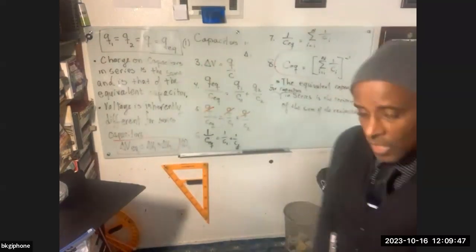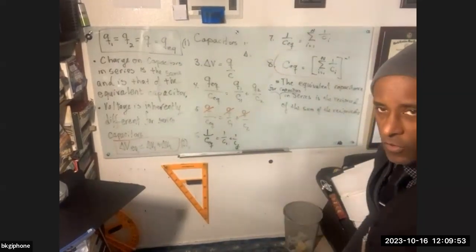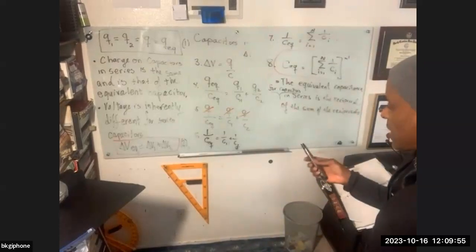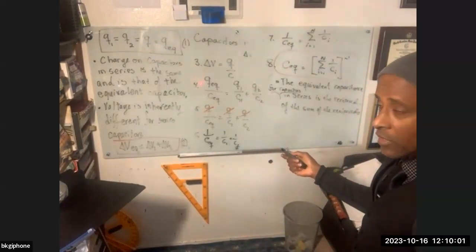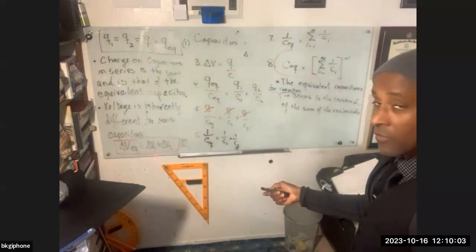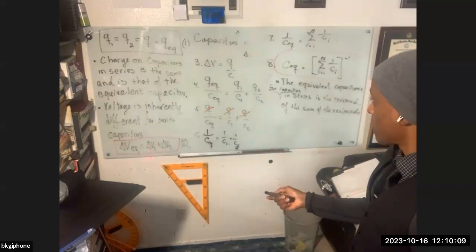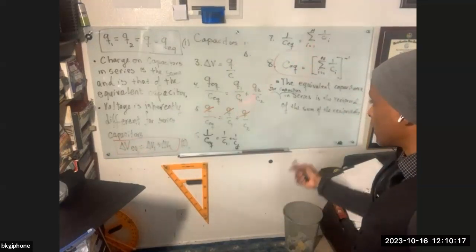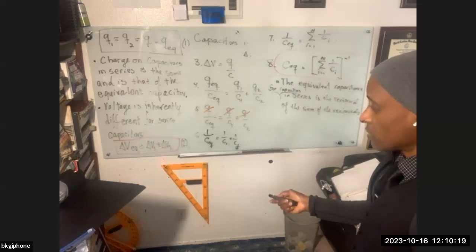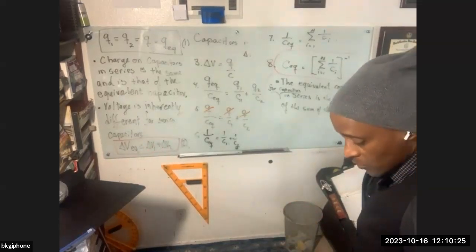This was series. But just as a review, there are three basic things I want you to remember from this derivation. For capacitors in series, charge is inherently the same and is the same for that of an equivalent capacitor. Voltage is inherently different, and the voltage adds. So I can write a recursion relationship for this: delta V is equal to the sum of the delta V's.